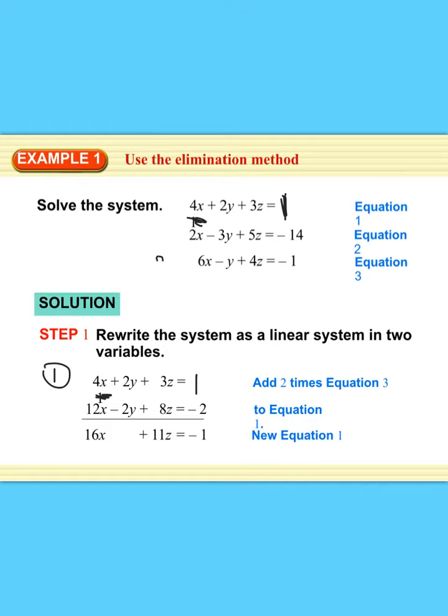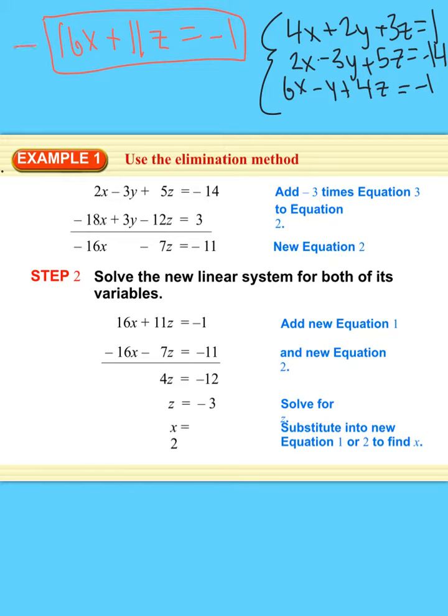So I rewrote the original three equations, and I also brought over the 16x plus 11z equals negative 1 equation that we just found. So we have one equation in two variables. Now we need to get another equation in two variables. And we want the variables to be x and z, because that's what the first equation that we found was in.